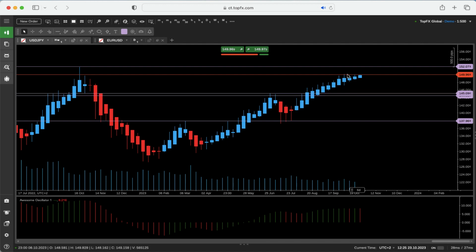Something is going on here, as we noticed on the daily time frame chart. These upper wicks are not that big, the body is not that big, and there are some down wicks. Nevertheless, it's still an uptrend. It's still bullish pressure on the US dollar to Japanese yen, and this is how you use the Heiken Ashi.